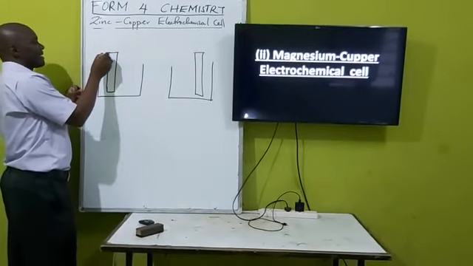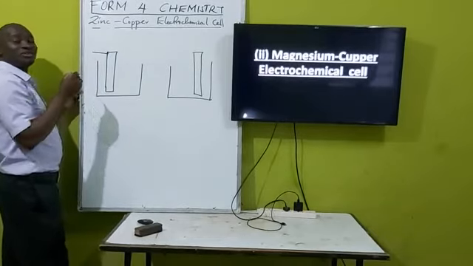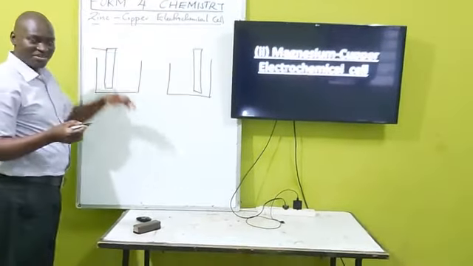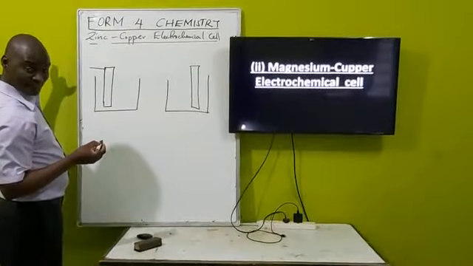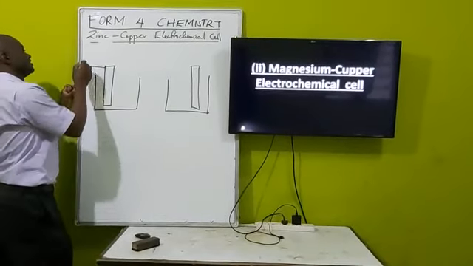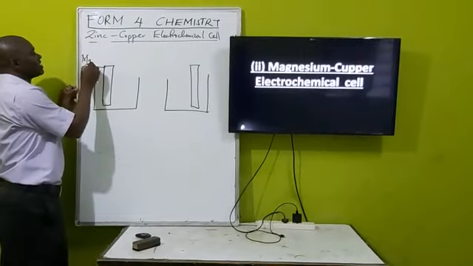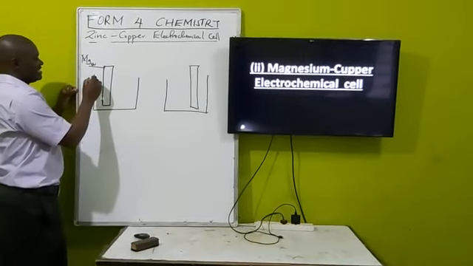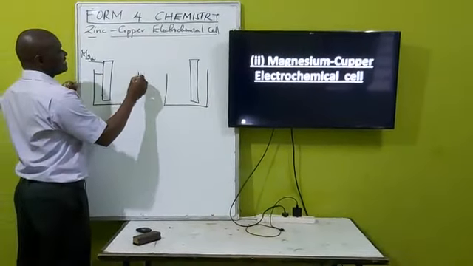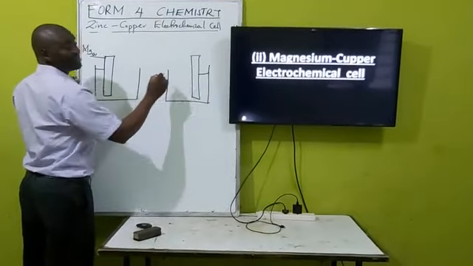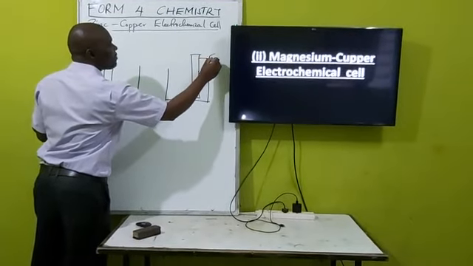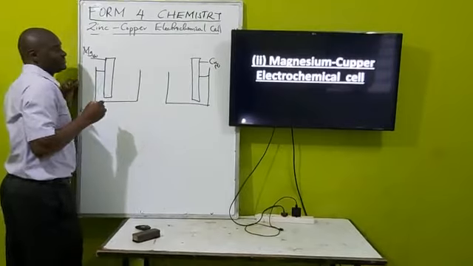So whichever is the most reactive one should be on the left, the anode, where electrons are lost. So this is magnesium solid dipped into a solution, while on this side we have copper solid.